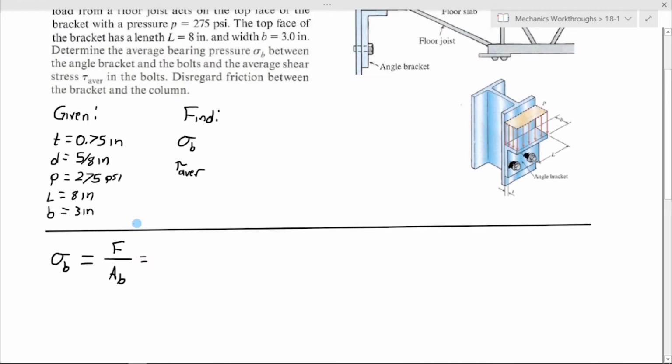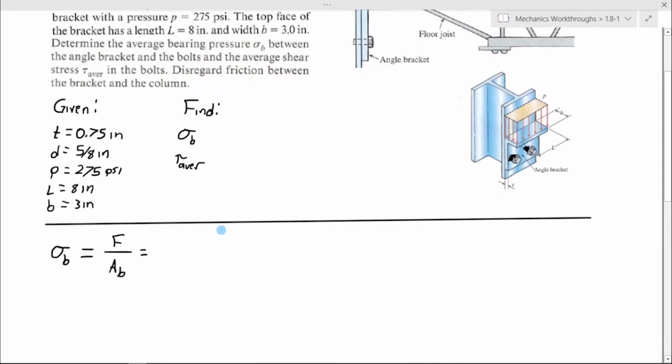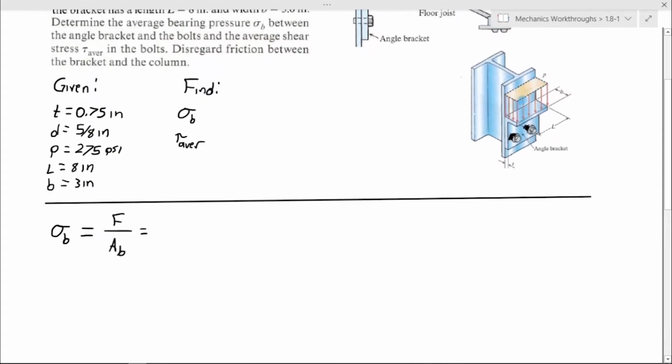And the force, to be able to find this, we're going to multiply this load, which is actually given as a pressure, by the area over which it acts to get the total force, and then we'll divide it by the bearing area to get the bearing stress.